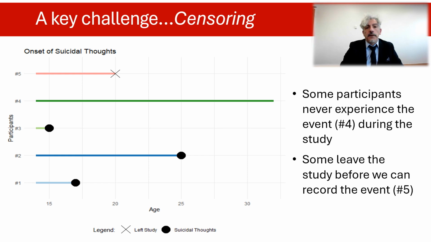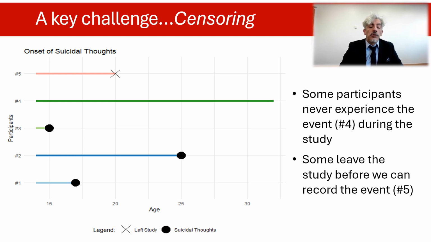Assume we ran this study from when adolescents were 14 years of age and followed them up until they were 32 years. As it happens, participant 5 dropped out from the study before reporting any suicidal thoughts, whereas participant 4 finished the study but never reported any suicidal thoughts.